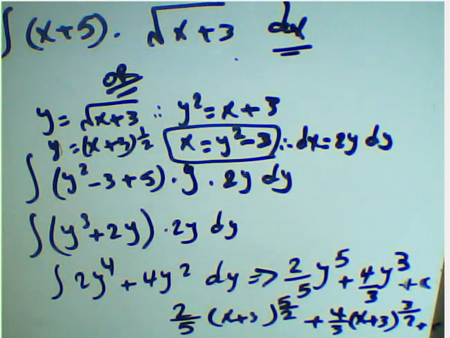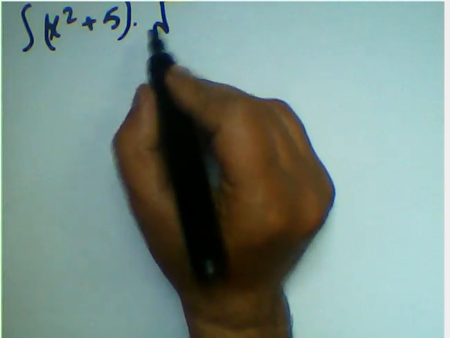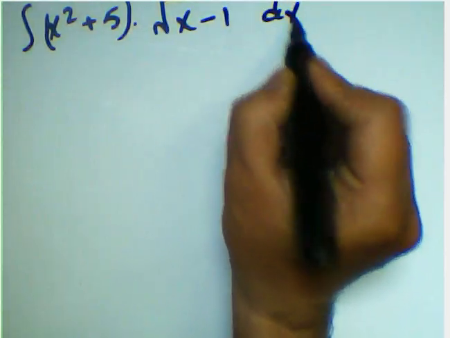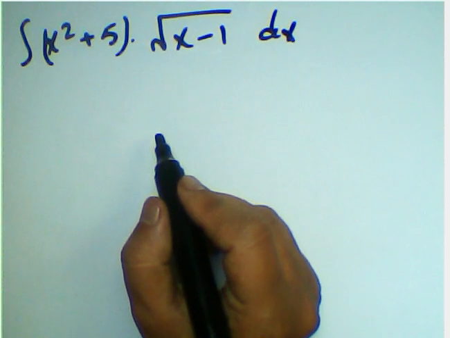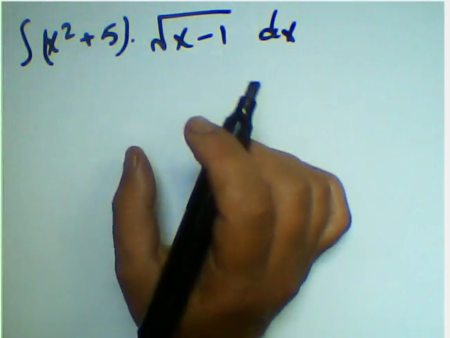Okay, what about integration of x power 2 plus 5 multiplication by square root of x minus 1 dx. In this example we must use the substitution method.